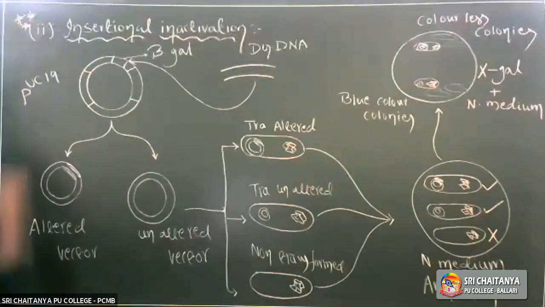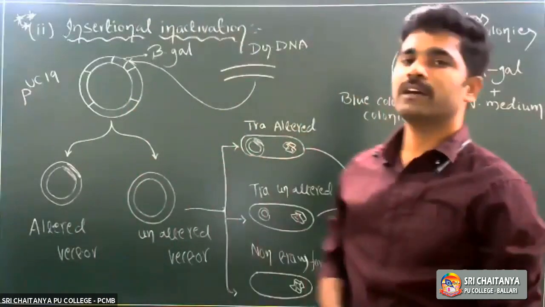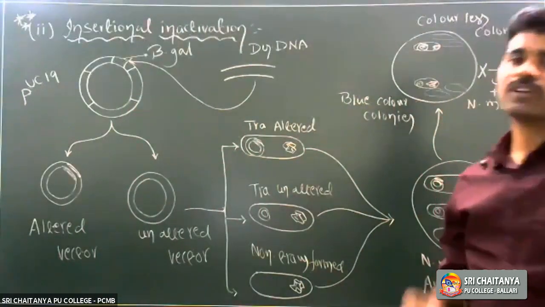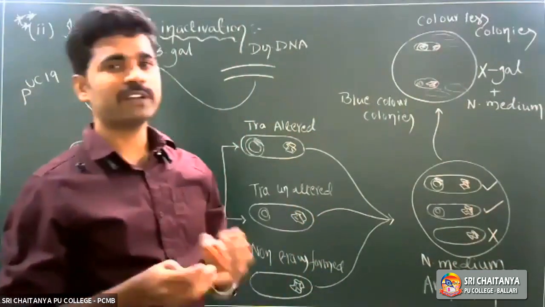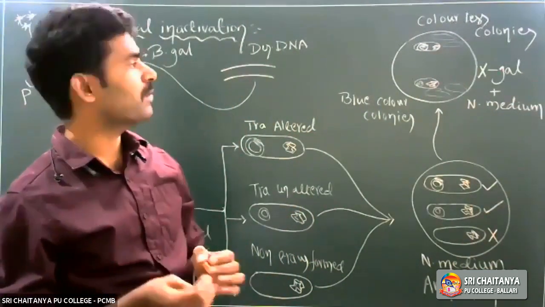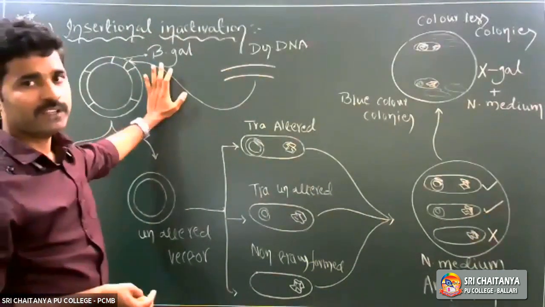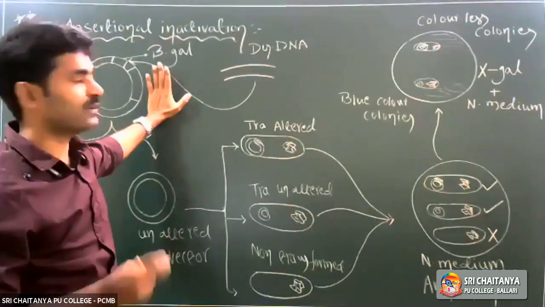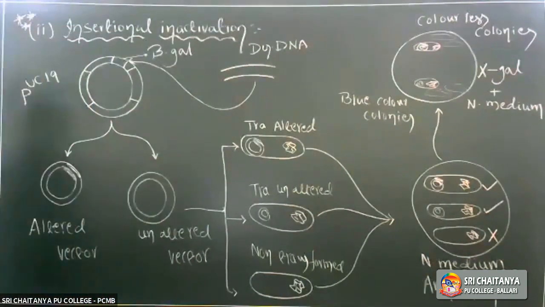By using insertional inactivation, we can easily separate recombinant cells from non-recombinant cells. Compared to antibiotic resistance genes or selectable markers, this procedure is easy for the selection of recombinant cells. So note it down.